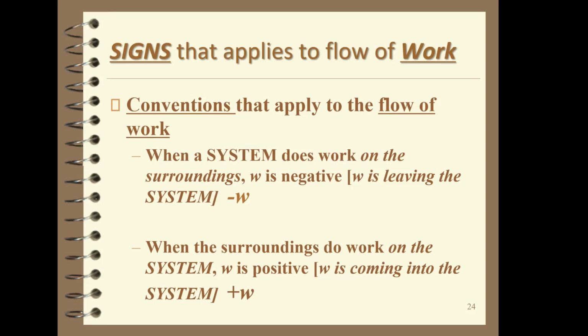When heat leaves the system, it's negative Q. When the surroundings do work on the system, you could think of it like work coming into the system as positive W. So if you had a gas and then you exerted pressure on it, you would be doing work on the system, this W.